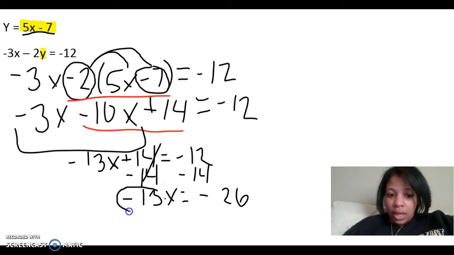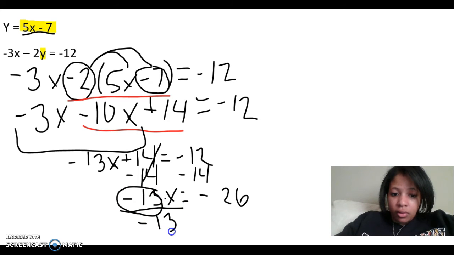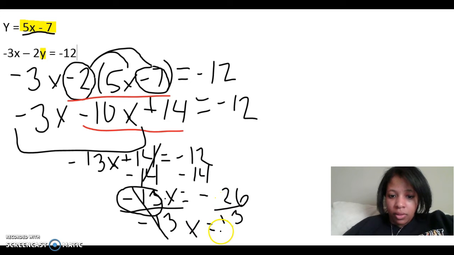Don't forget this is negative 13. So you need to divide by negative 13 on both sides. And then these cancel out. All you have left is x equals, what's negative 26 divided by 13? Should be negative 2.